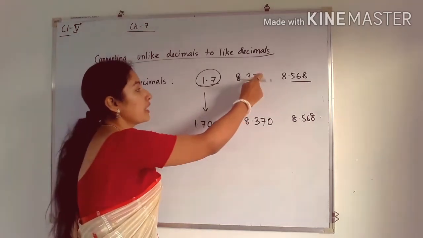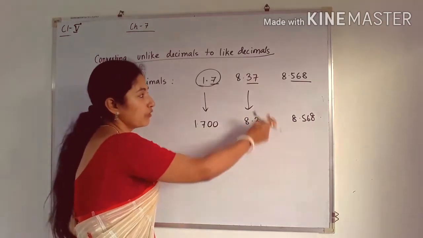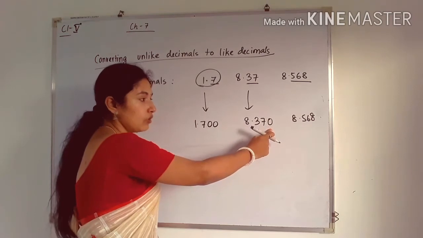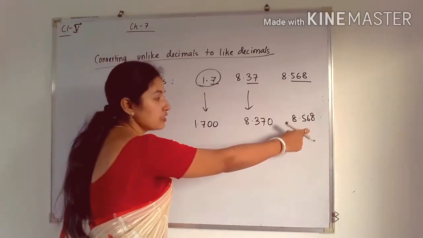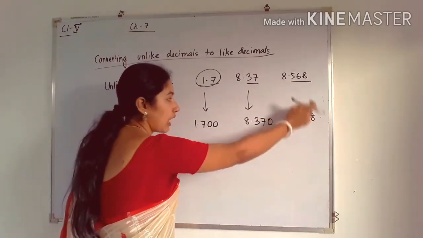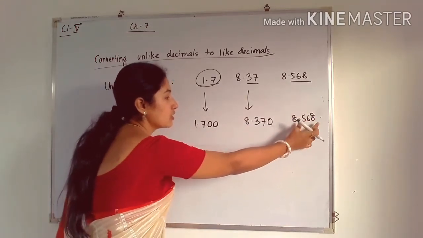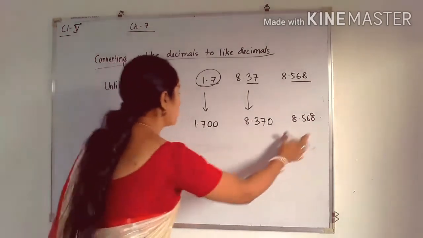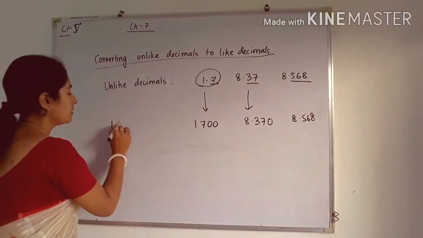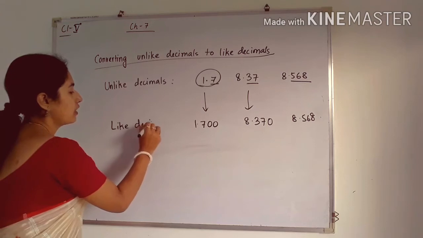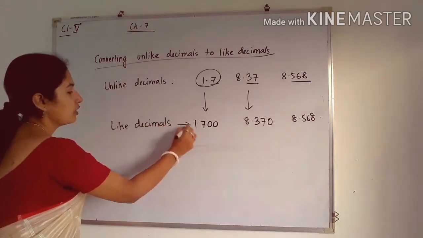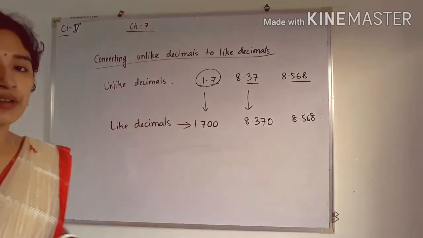Similarly, here for making 3 digits we have to write only one 0. Here there will be no change, because this already has the highest number of digits, 3. Okay, so no need to change here. So now they can be said to be like decimals. Now they are like decimals. Okay, so now we can easily compare them.